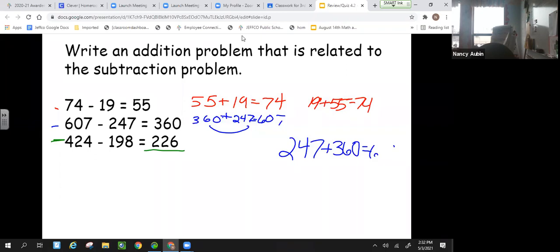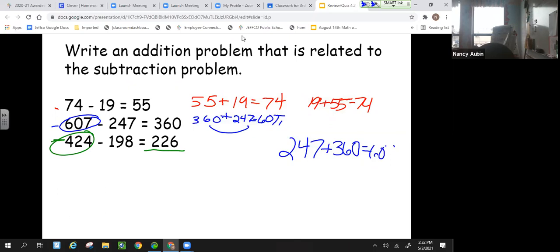Let's see, it can't be 400, that's not going to equal 226, is it? So 198. Be careful, if you add 424 plus 198, are you going to get 226? No. 424's got to be your answer because it's the big number, right? The biggest number has to be the answer, just like this one, 607 was the answer, right?